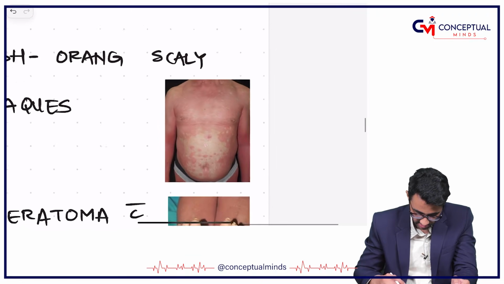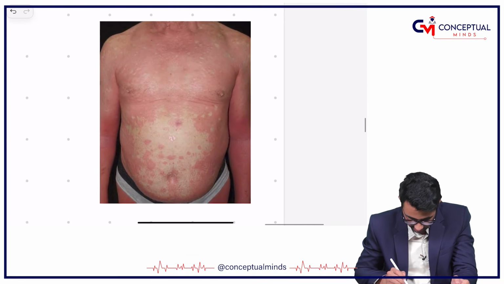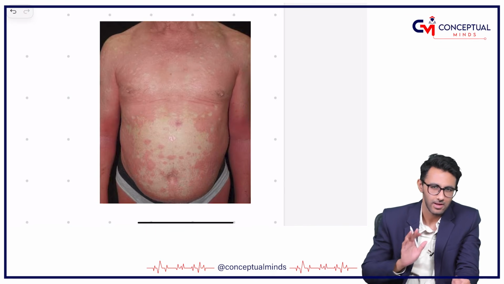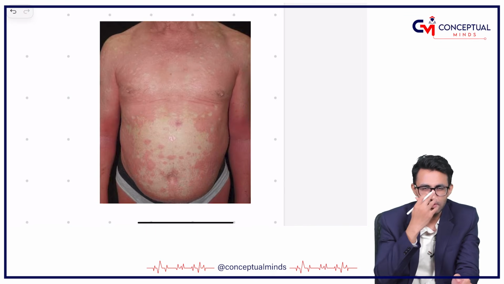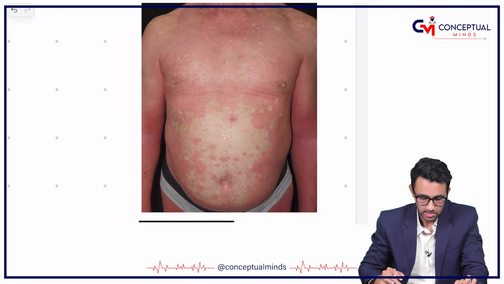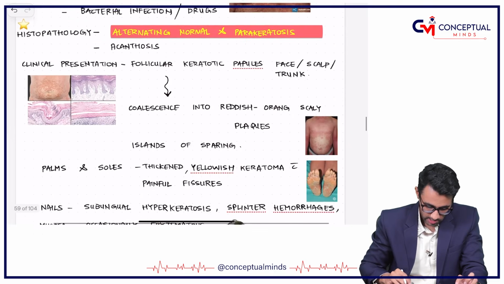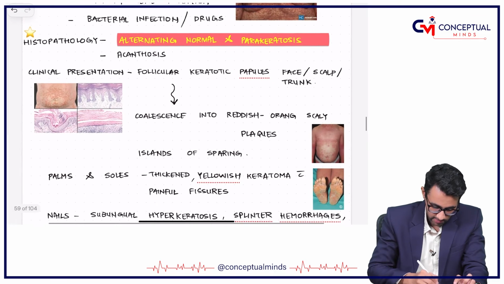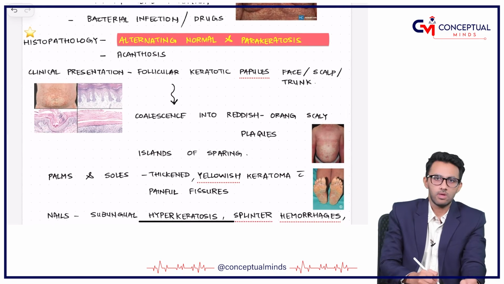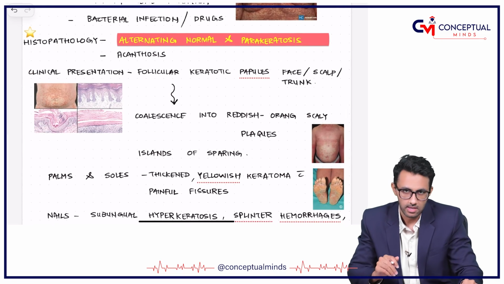Right here you see there is island of sparing. Very clear demarcation: the whole body is involved, but this is not involved. I hope this island of sparing thing is very clear to us. Let us continue, we just completed the histopathological findings. So, clinical presentation. What are we going to see in the patient?